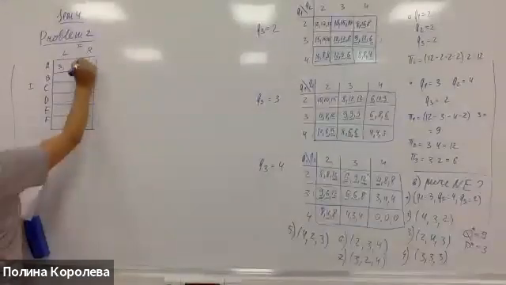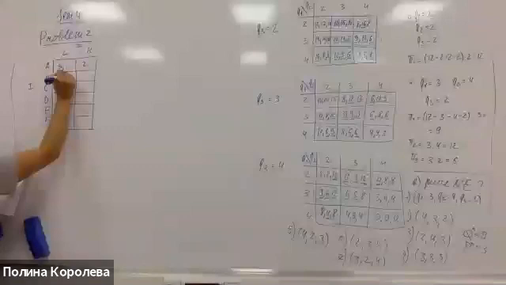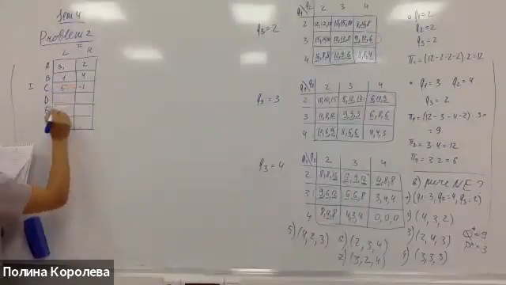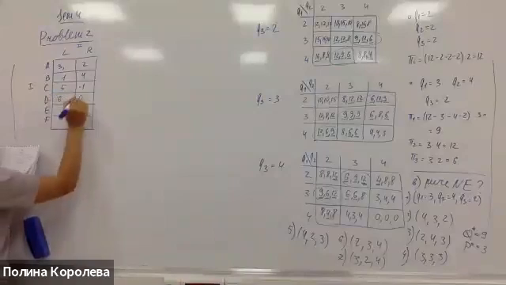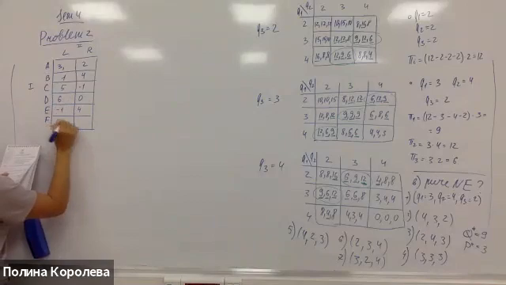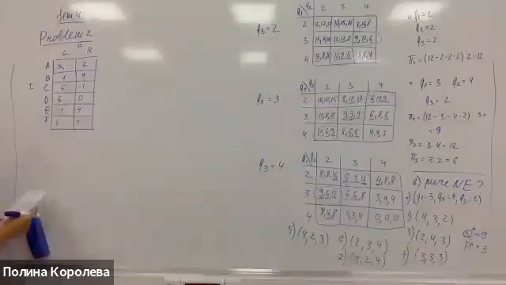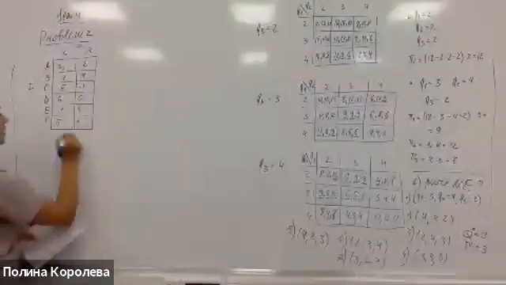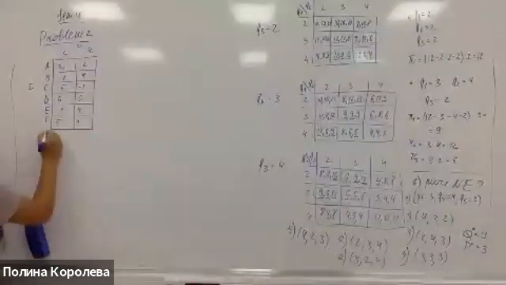Here are 2. Here 1, 4. 5, minus 1, 6, 0. Minus 1, 4. 5, 1. So here are the first player's payoffs.